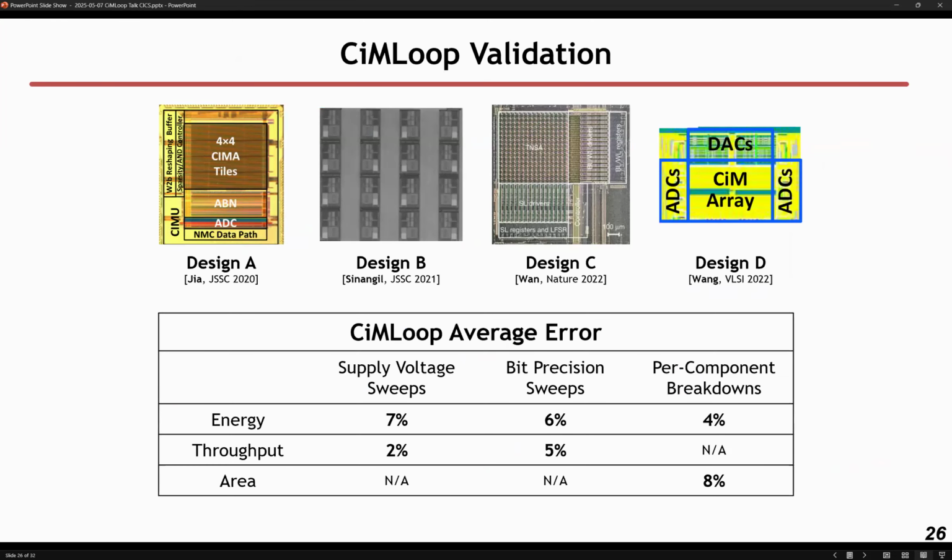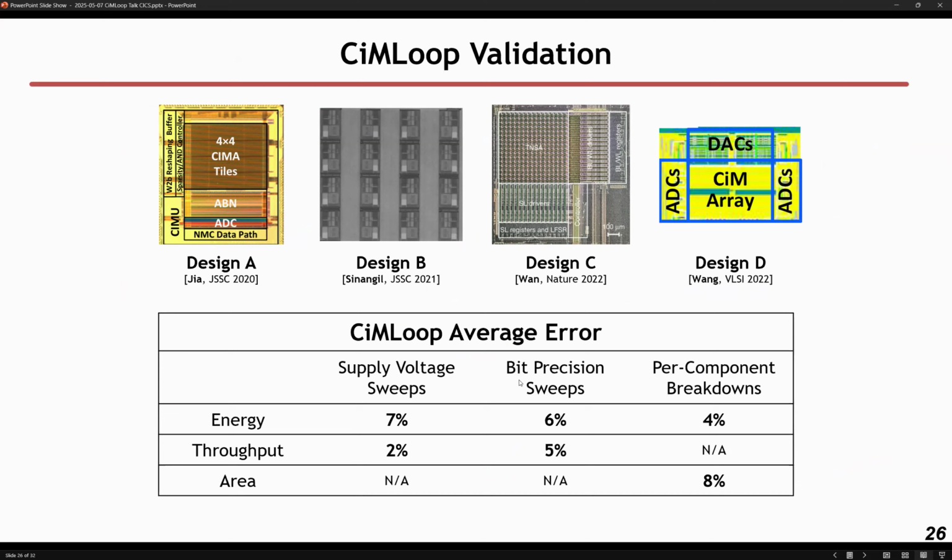So we report the CiMLoop average error over a few metrics that are commonly reported in different compute memory works. The first one is a supply voltage sweep, where they'll connect the macro to a different supply voltage, and they will change it and measure the energy and latency, or energy and throughput.